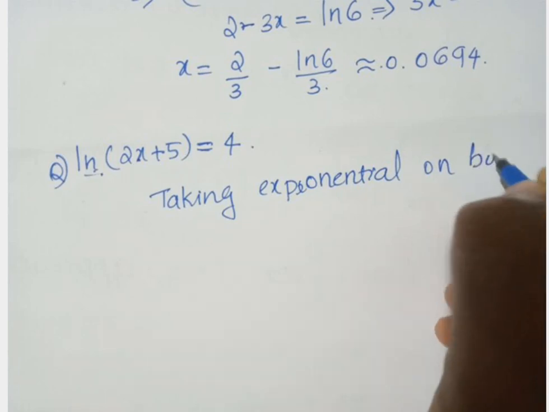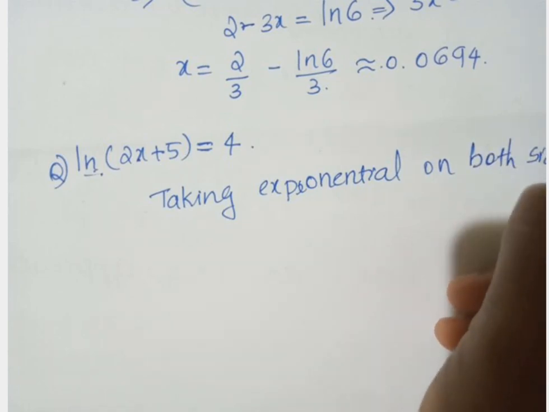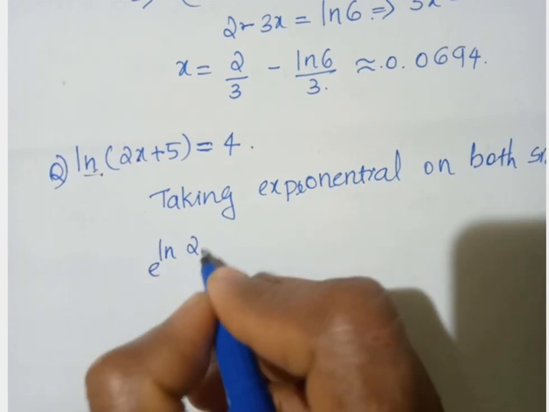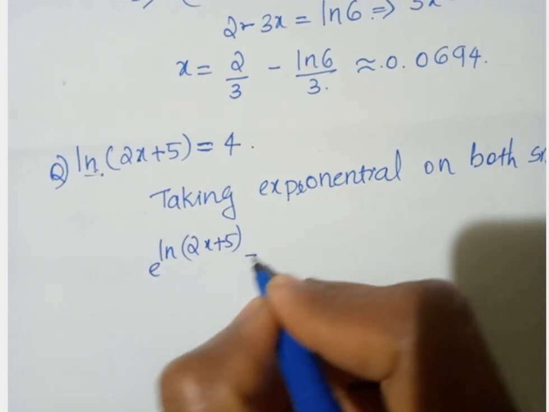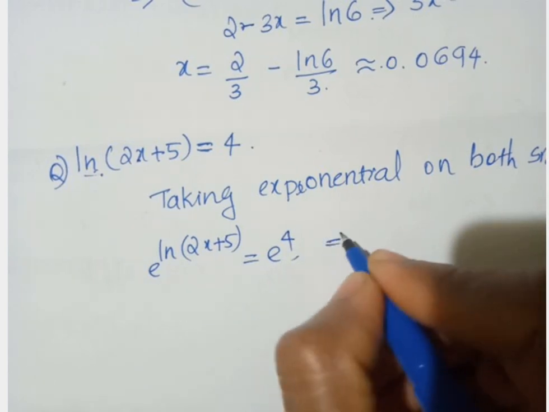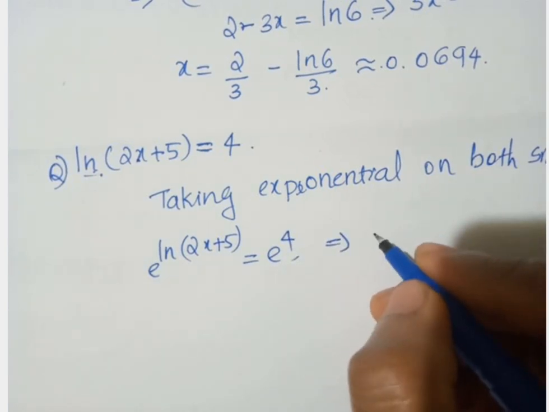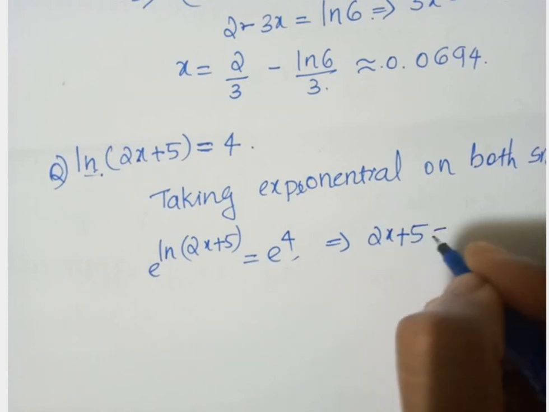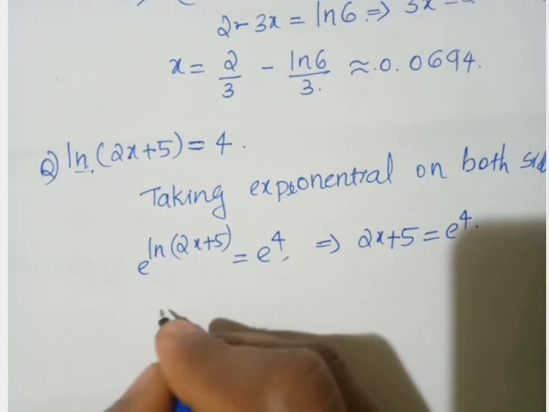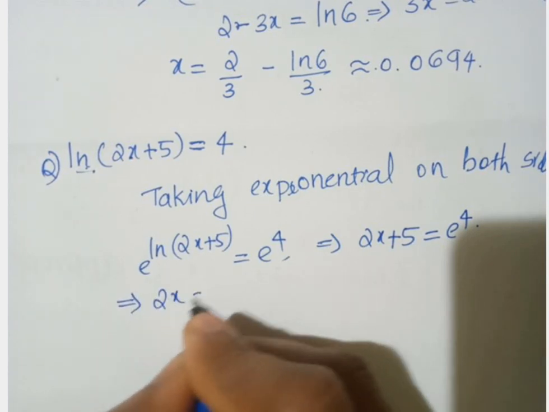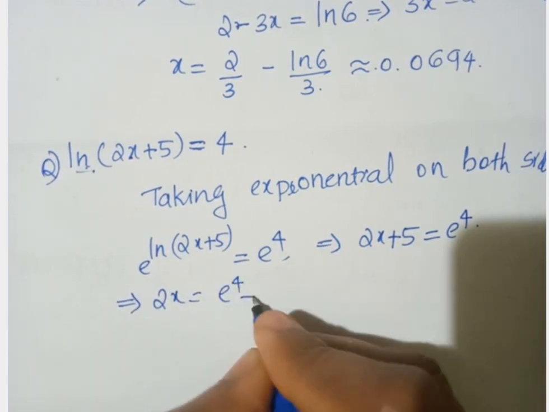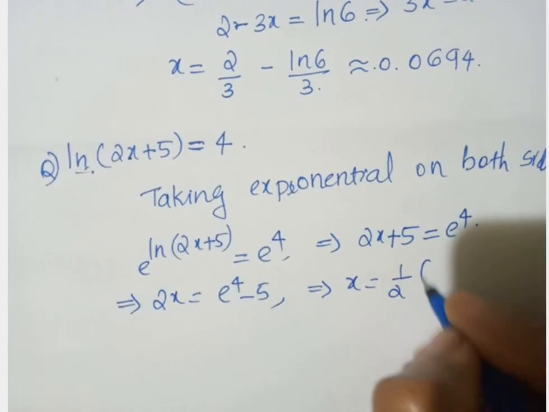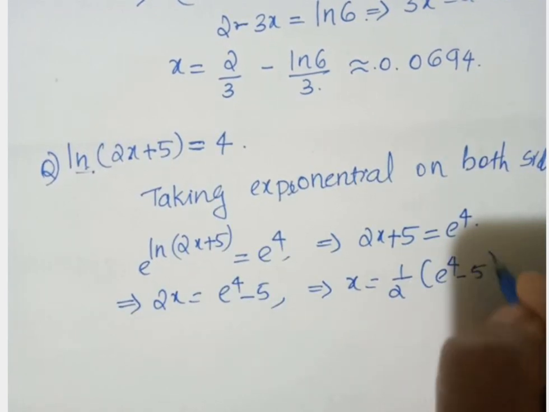On both sides we get e raised to ln(2x plus 5) is equal to e raised to 4, which implies by the properties of the exponential and the natural log, 2x plus 5 is equal to e raised to 4, which implies 2x is equal to e raised to 4 minus 5, which implies x is equal to 1 by 2 times (e raised to 4 minus 5).